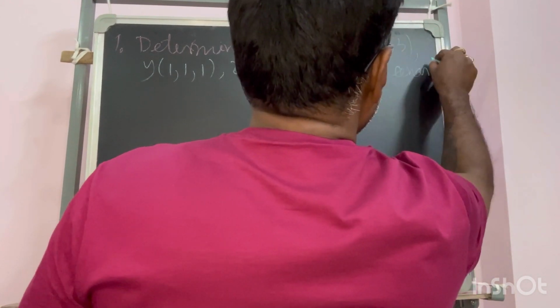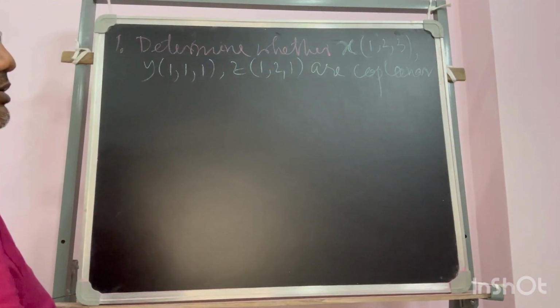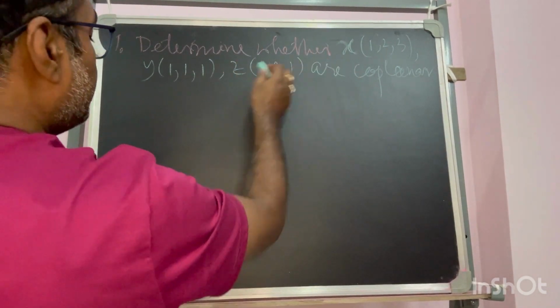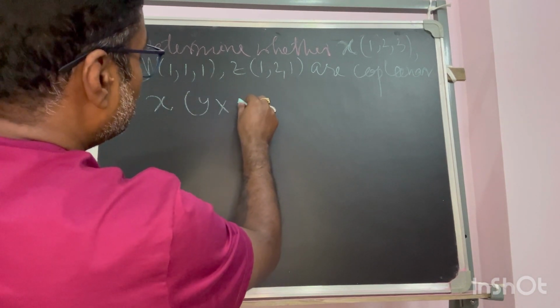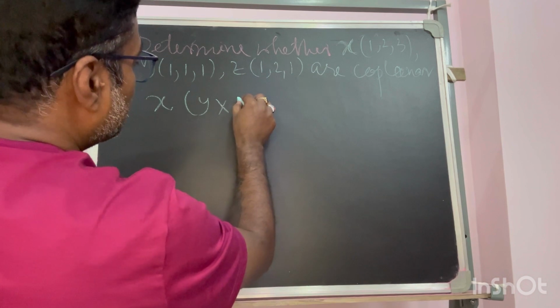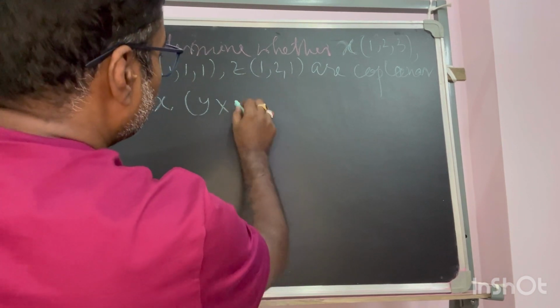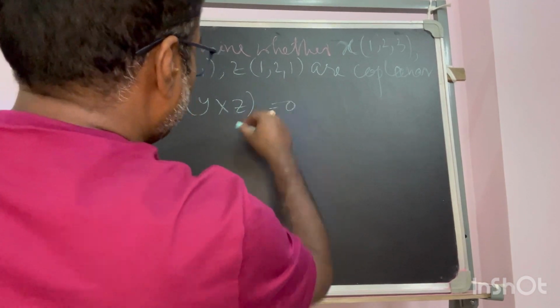This has to be proved coplanar. So what was the condition of coplanarity if it is x, y, z? The triple scalar product has to be 0.